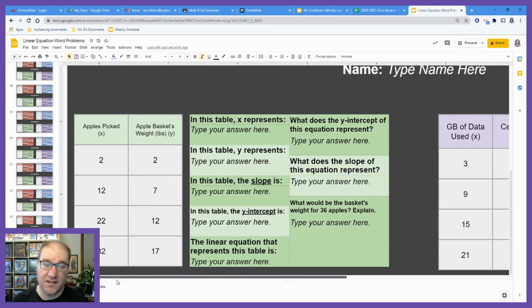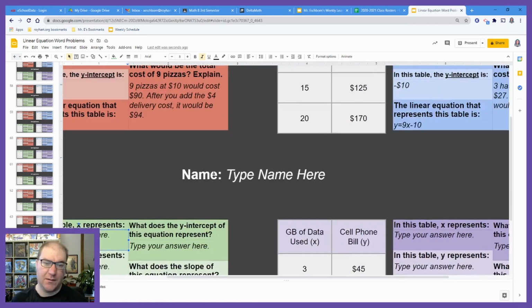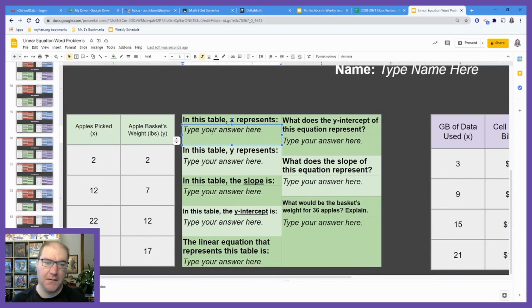The third example says X is representing the number of apples picked, and Y is representing the total weight of the apple basket.